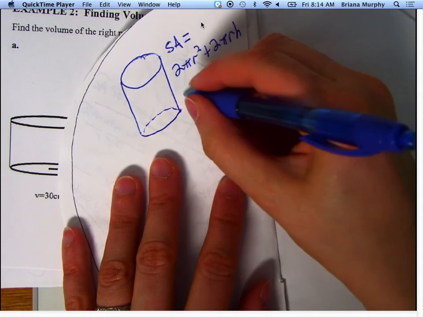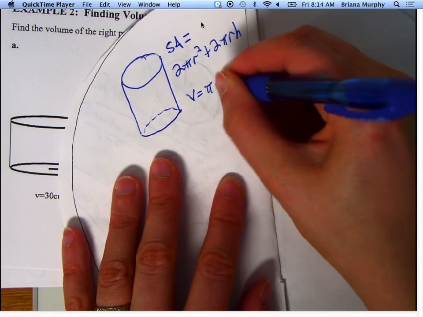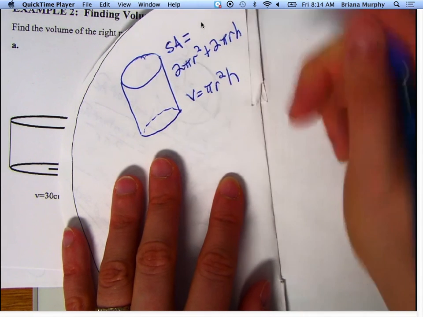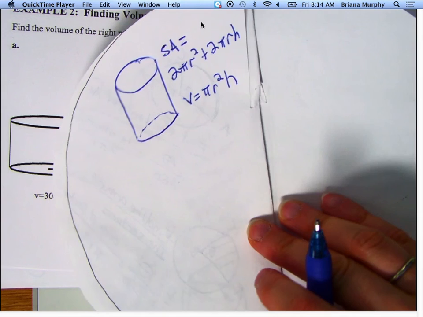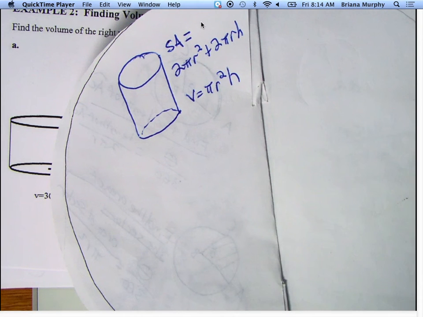And volume equals pi r squared h. It doesn't matter what order it goes into because it's being multiplied, right?